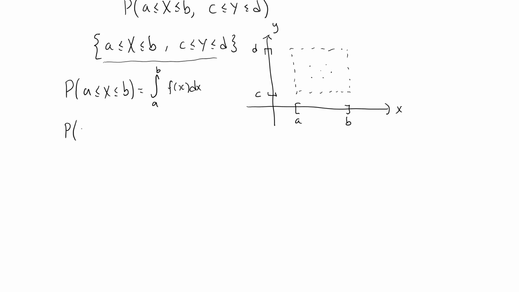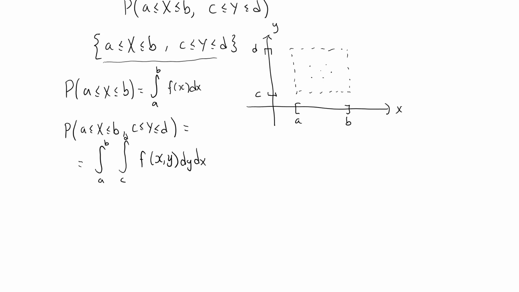However, when we have two random variables, the probability that X lies between a and b and Y lies between c and d will then become a double integral, where we need to integrate x from a to b and we need to integrate y from c to d. And the function we will integrate is then a function of two variables, f of x comma y, dy dx. So this is how we would calculate the probability of ending up in a rectangle.